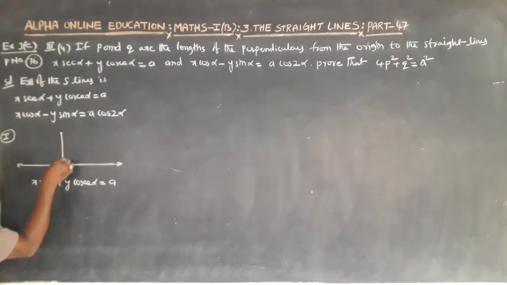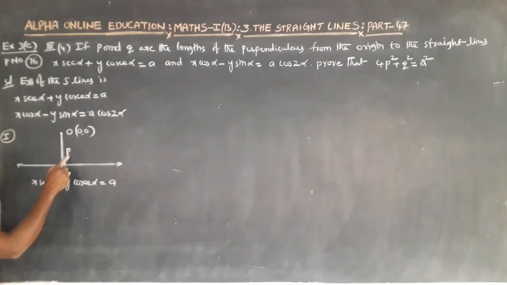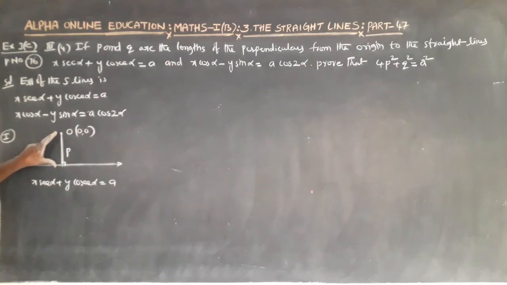Here p is the perpendicular distance from the origin to the line. So first of all, find the value of p.